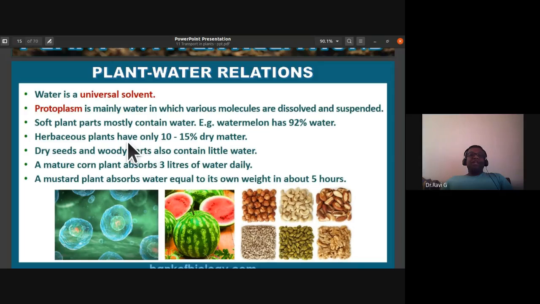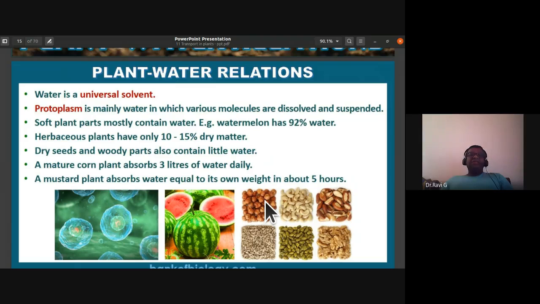The herbaceous plants have only 10 to 15% dry matter. The remaining, nearly 85 to 90%, of herbaceous plants is made up of water. For herbaceous plants, you can remember coriander. The dry seeds and woody parts, you might think they are deficient of water, but that is not so.